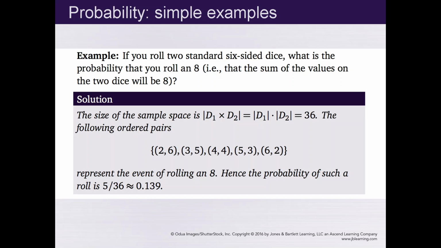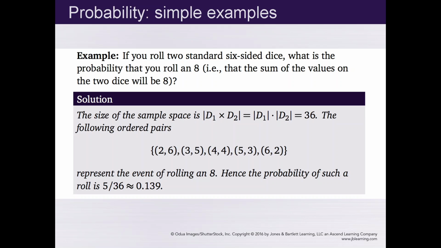Okay, here's an example if you've ever played Settlers of Catan, or another game where you roll 2 standard 6-sided dice. What's the probability that you roll an 8, which means the 2 dice add to 8? Kind of like the heads and tails problem, you have 2 dice. There are 36 possibilities because one die can have 1 through 6 and the other die can have 1 through 6. You multiply that because it's not 2 completely separate events. It's not that you can get one or the other, right?